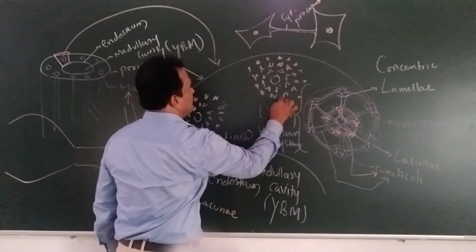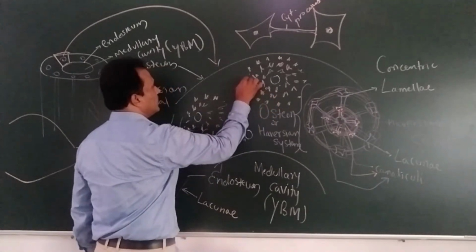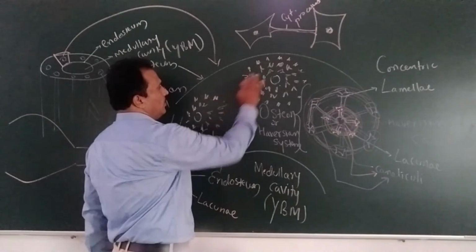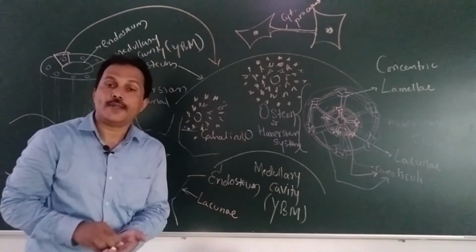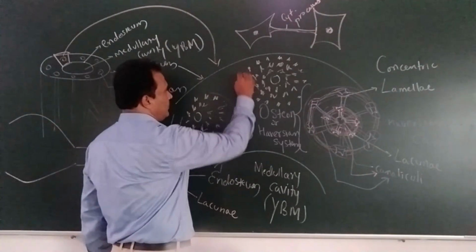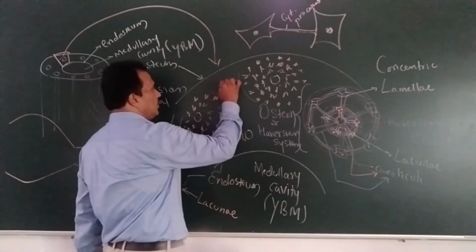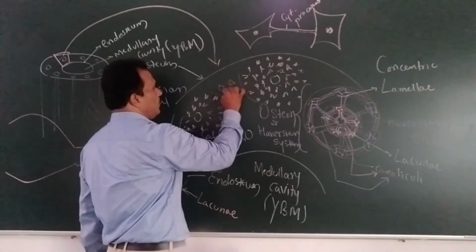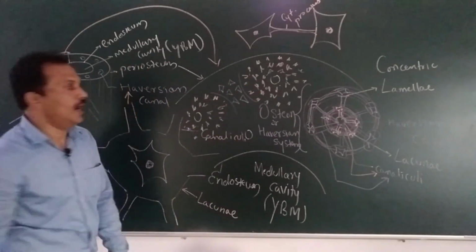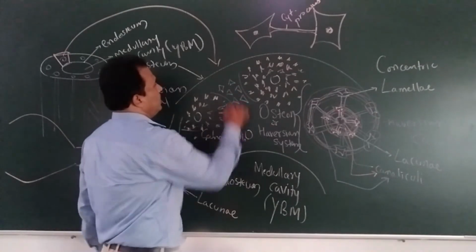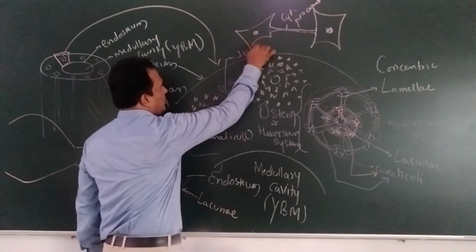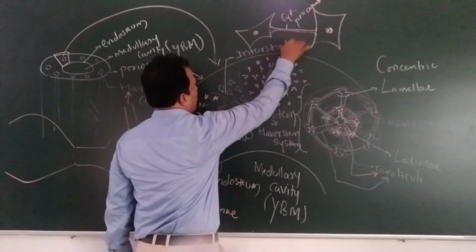So in between these two osteons, what is present? If you take this area, here also you will find some spaces filled with osteocytes, and this is known as interstitial lamellae.